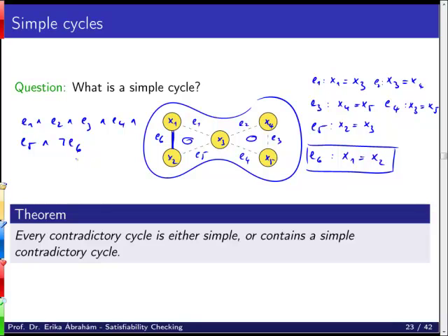So the only thing I should do to encode this formula, to have the relevant part of the transitivity, is to say, for this left cycle, that if E1 holds and E5 holds, then also E6 must hold. I could, of course, also add the transitivity relation for the right cycle. But it doesn't play any role.